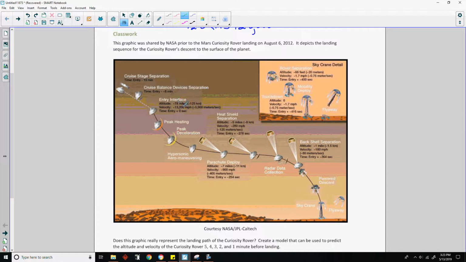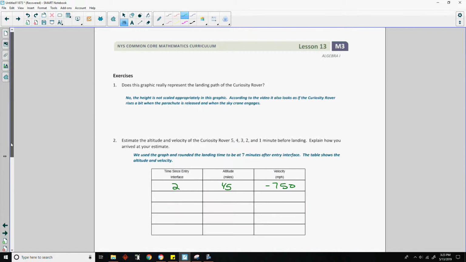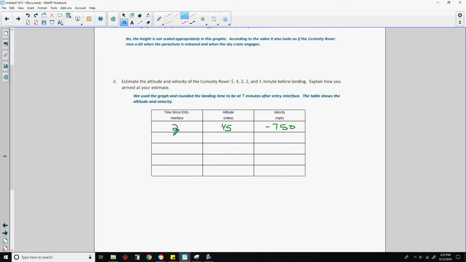That would be at the 7-minute mark from entry, which is not here, it is in the video, because if we enter and we're 3 minutes from entry, that's 180 seconds. And we don't get information in here until 278 seconds. So I'm just going to fill in this table with respect to the other information given.